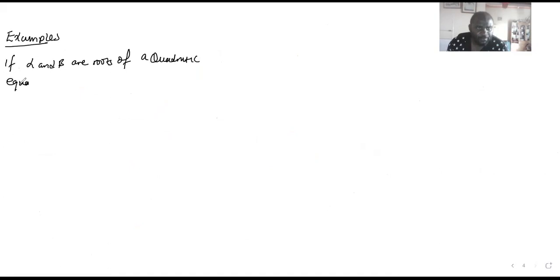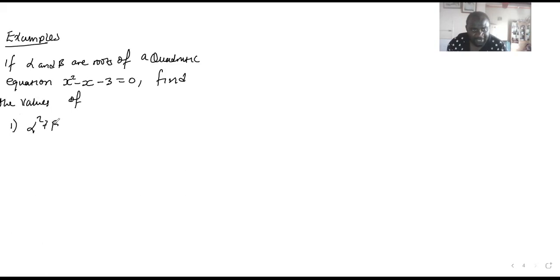They can give you one quadratic equation that if alpha and beta are roots of a quadratic equation x squared minus x minus 3 is 0, find the values of: Roman 1, alpha squared plus beta squared.